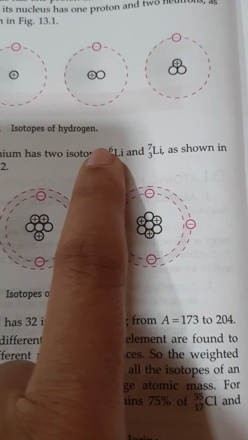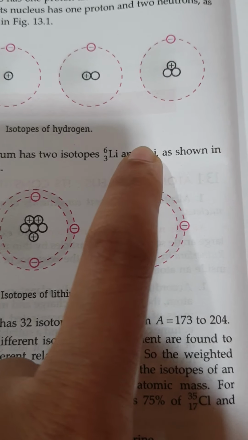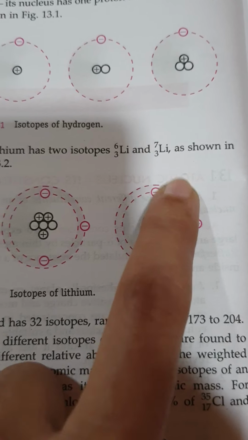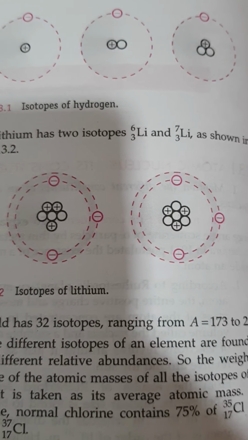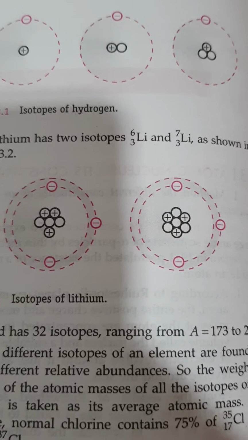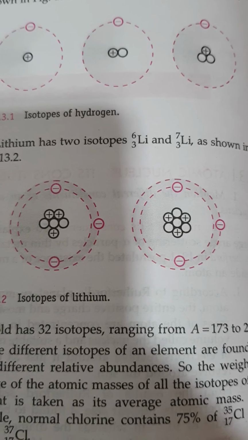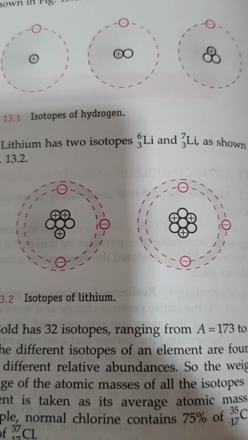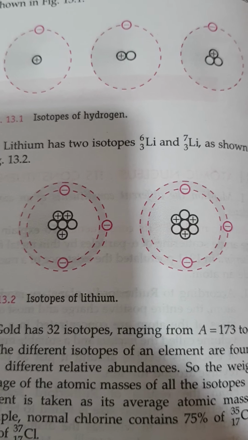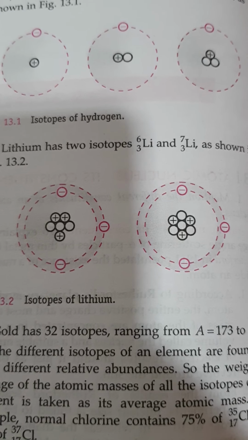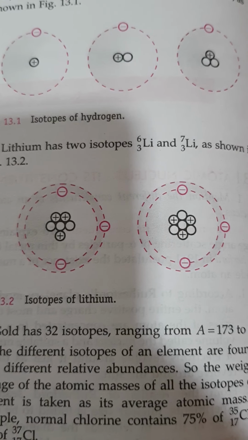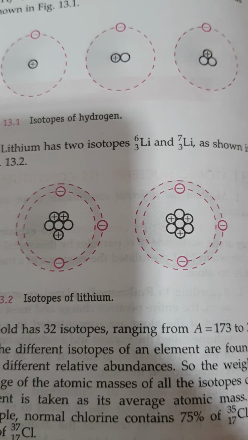So 3Li6, 3Li7 are the isotopes of lithium. You can give any example for isotopes. The concept is the same Z, same atomic number, but different mass number.